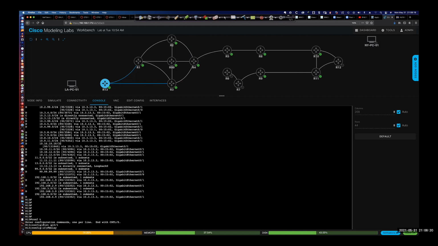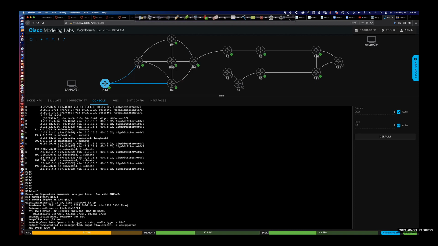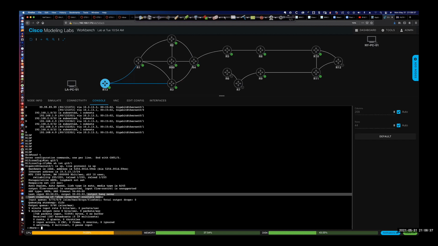And actually, let's see what the delay is. It should be 10. Do show interface gig 0/1. And the delay value should be 10. And it is. You can see right there. Oops, sorry, as it keeps moving in front of me. So the delay is 10 microseconds.